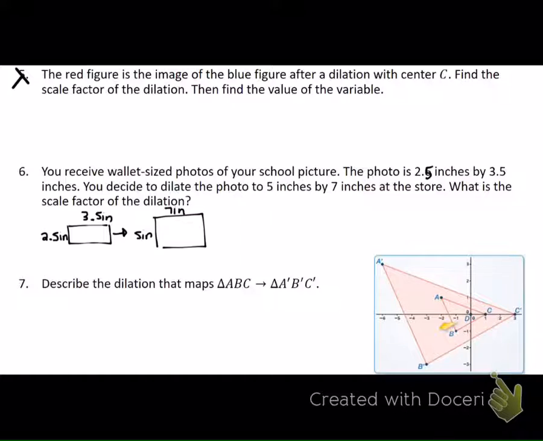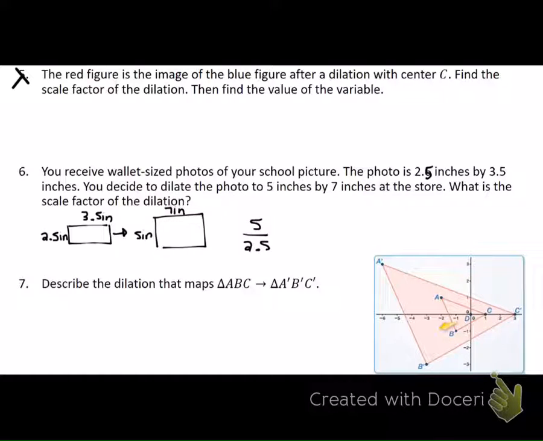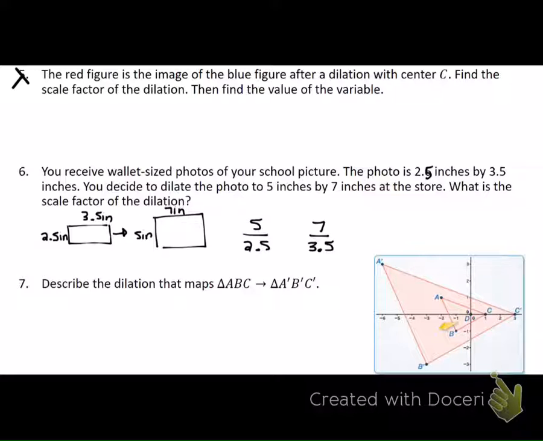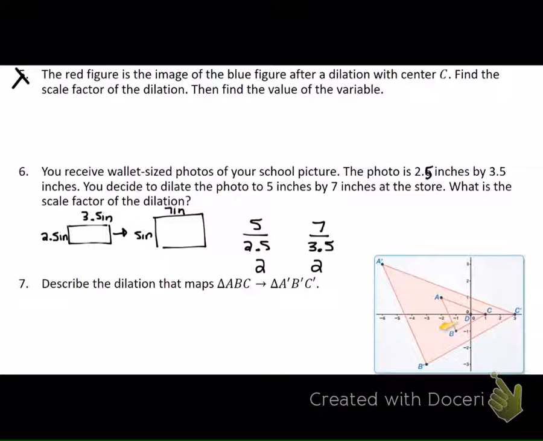Denominator. So this one would be 5 over 2.5. So that's the smaller of the two given sides. This is the larger of the two given sides, and as we have already stated by Lindsay, if it is an enlargement, the smaller number goes in the denominator. So those both simplify to 2, so it has a scale factor of 2.